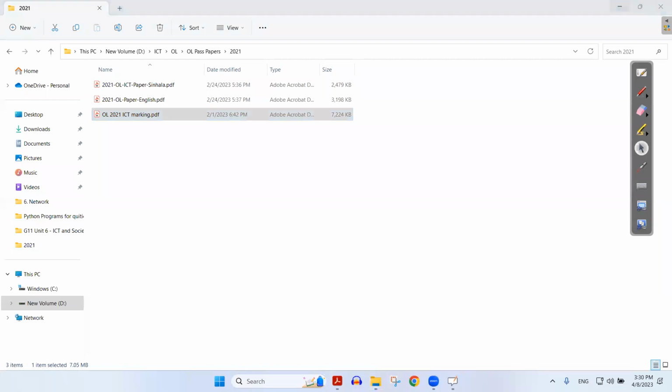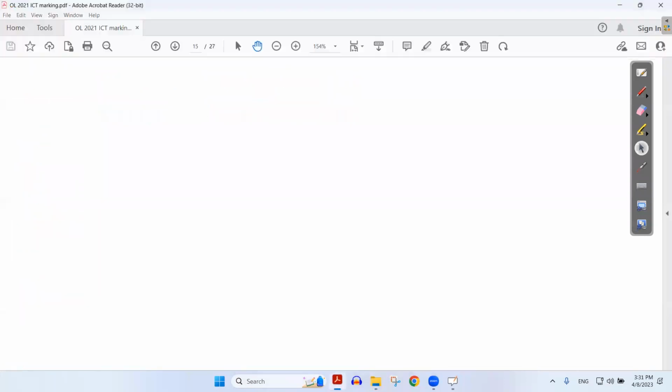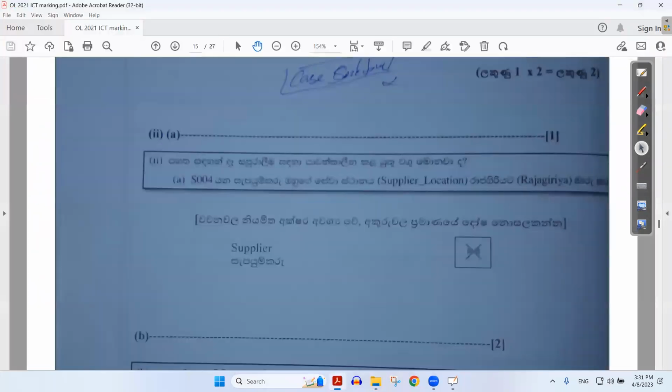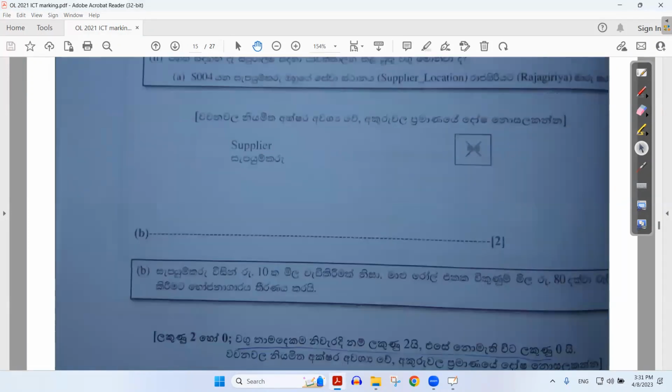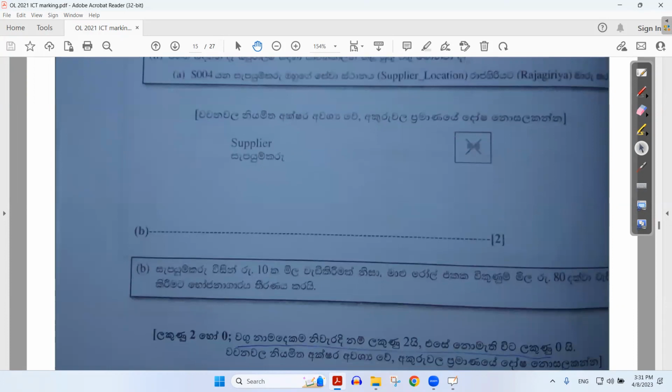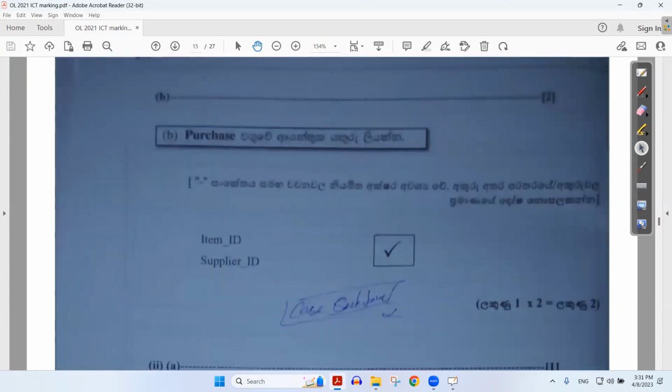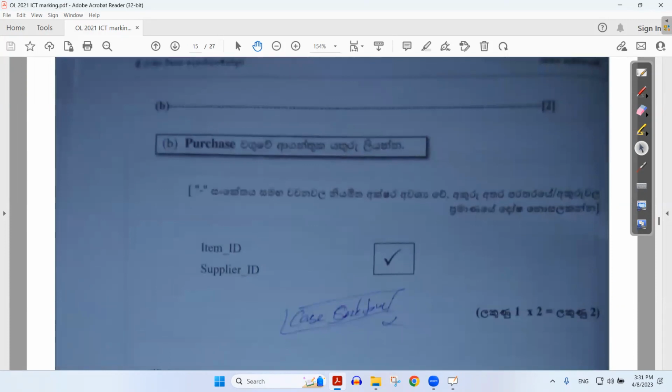Right, so marks will be given: one mark for the second part A and another 2 marks is going to be received. Right, so item ID and supply ID as the foreign keys. That will give you the 2 marks for the B part.